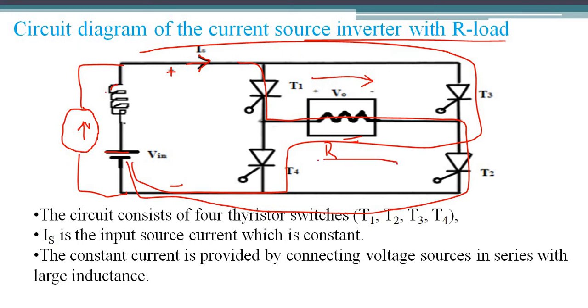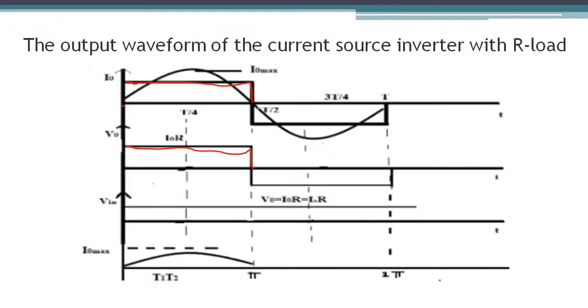If you observe, the current direction is opposite. Here it is plus and here it is minus. The direction of the current is opposite to the positive cycle. Observe the waveform here.